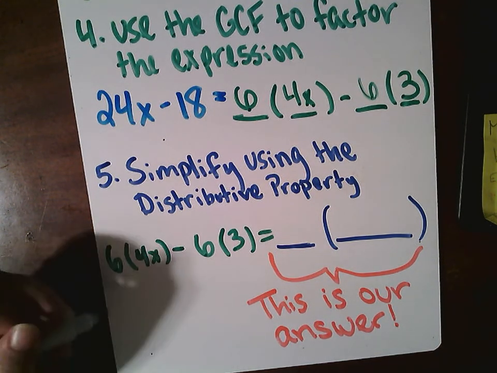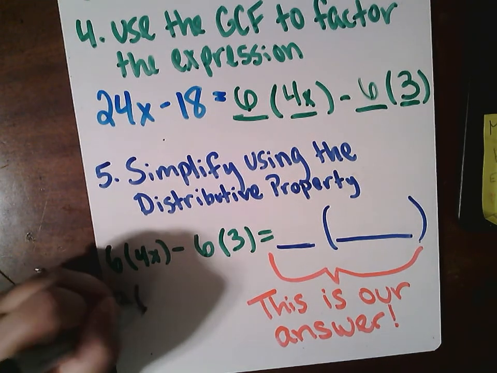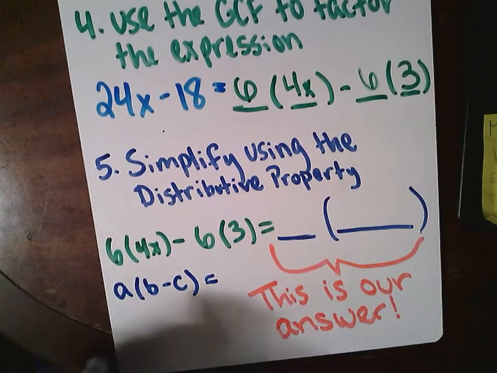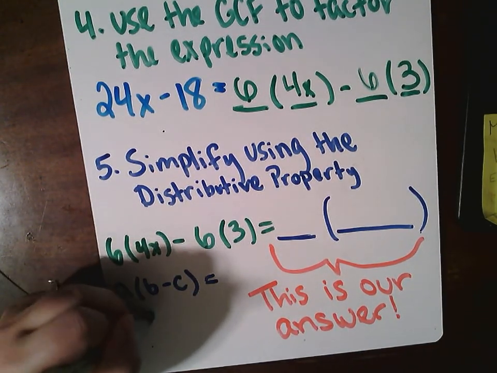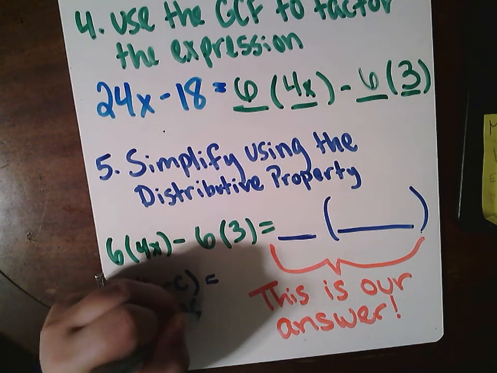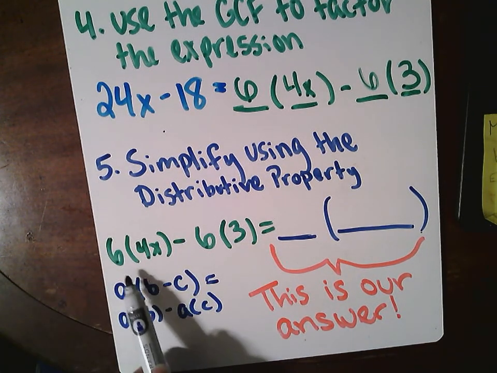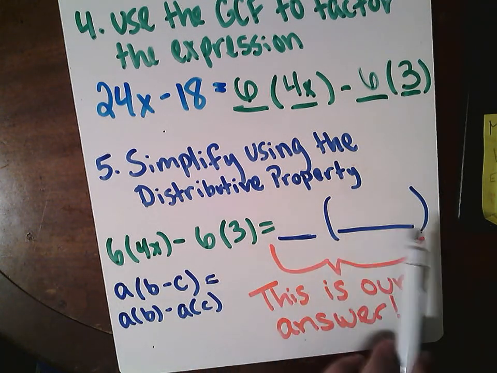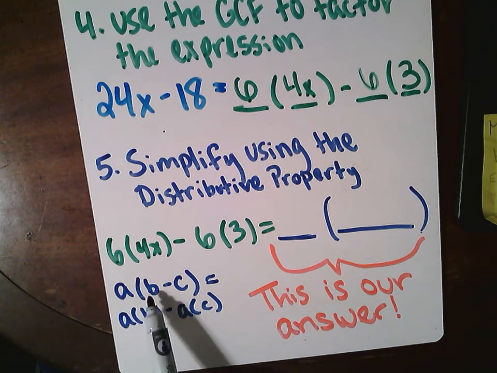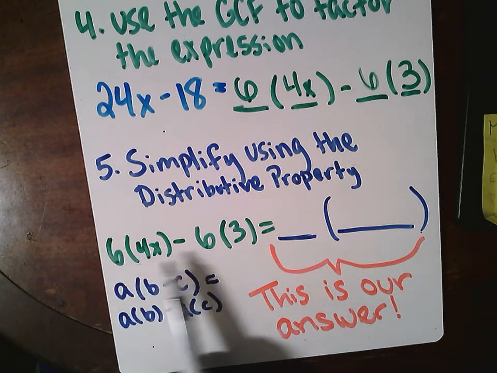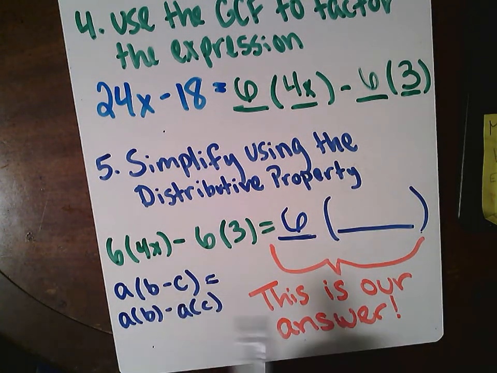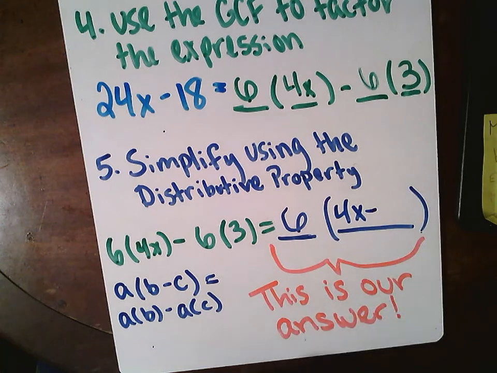So remember, our distributive property said A times B minus C is equal to A times B minus A times C. So if you look, this would be A times B minus A times C. So I'm rewriting it so that I have A times B minus C. So here 6 would be my A. 4x is my B. We're subtracting here, so we'll subtract inside.